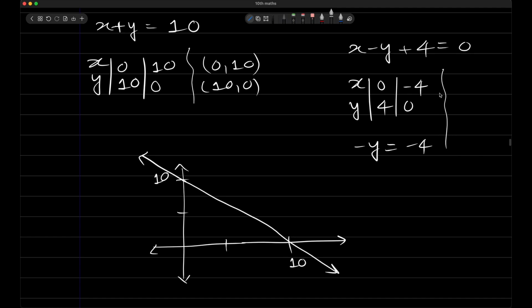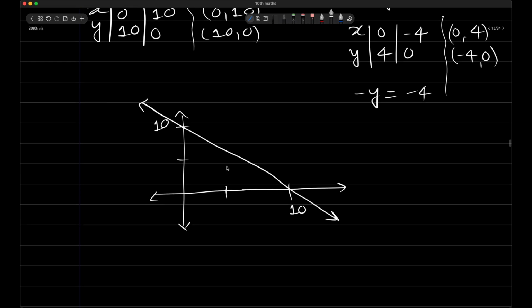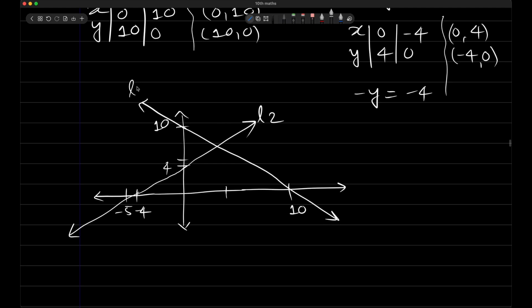Second line, the points are x is 0, then y is 4, and when x is minus 4, then y is 0. This is the second line and this is the first line.